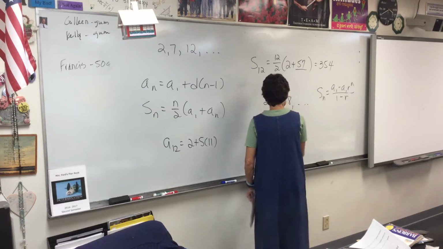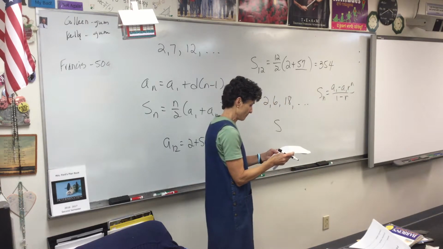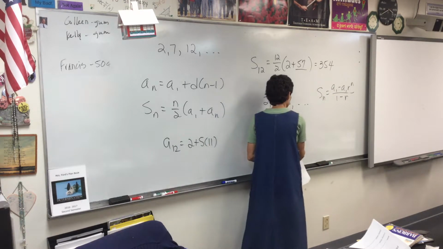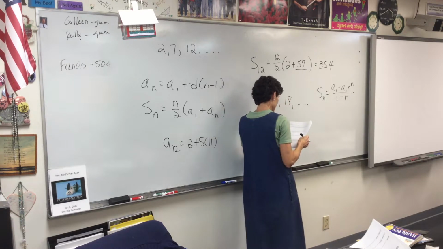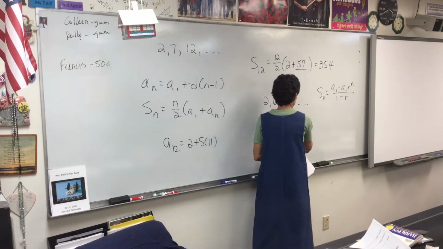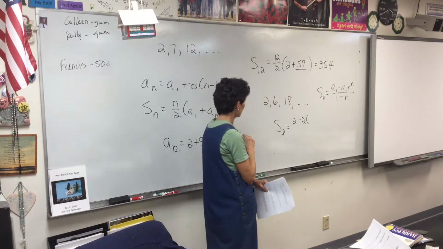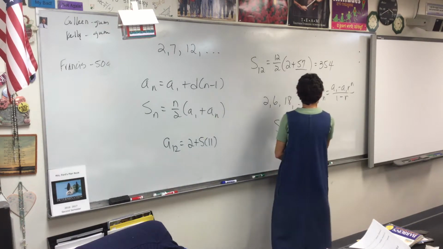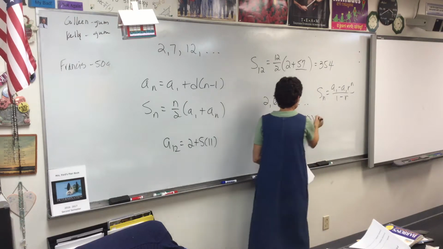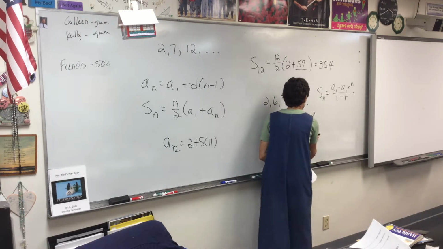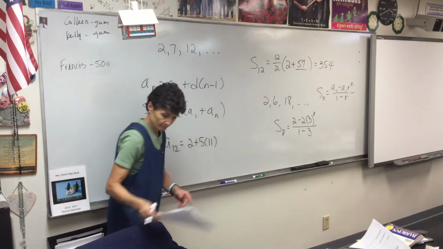So here we go. We're adding up how many days did she go to the mall? 8. So we're adding up 8 days. The first day it was a 2. What's my ratio? What am I multiplying by? 3. And n was 8. All right, so here we go.